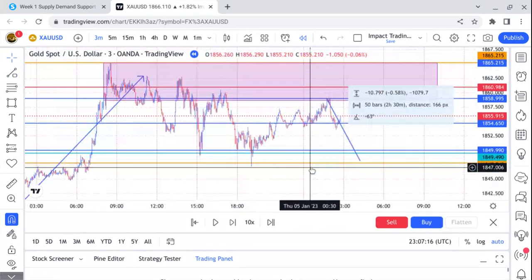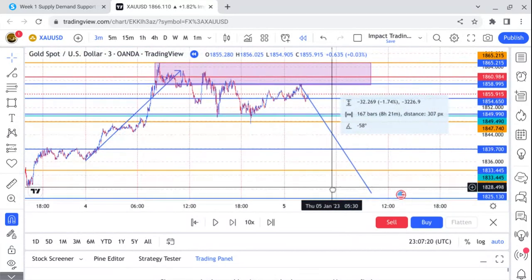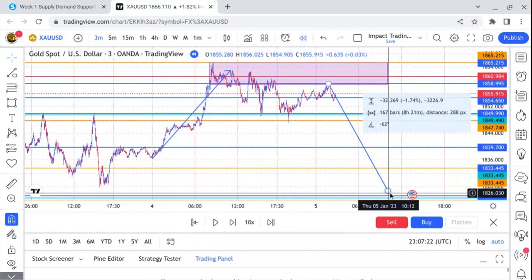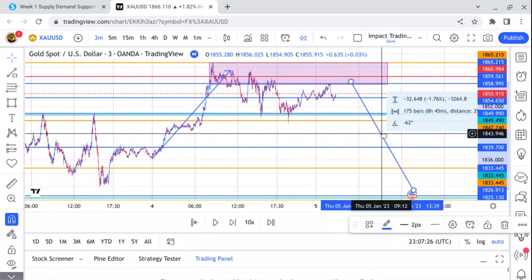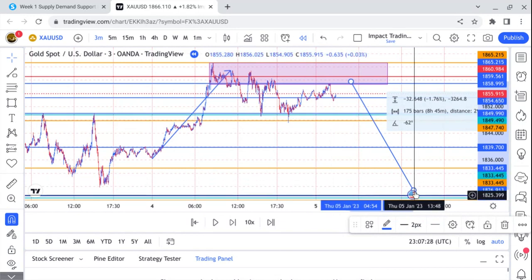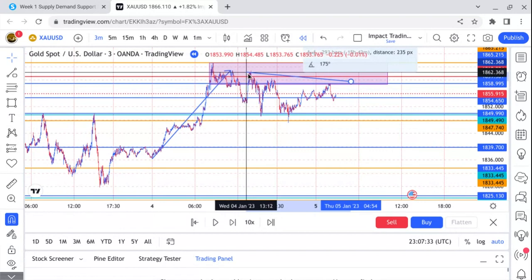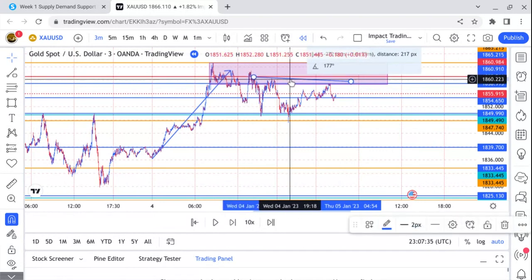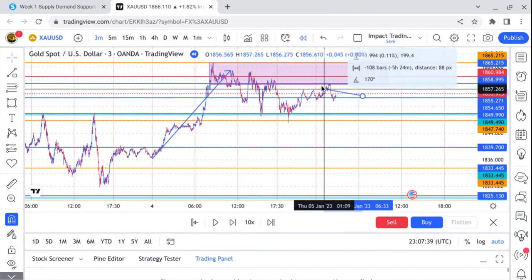Well, this one is way over 3 to 1. Your risk reward here is over 100. Because you have 3,000 pips here, and your stop loss was 100.